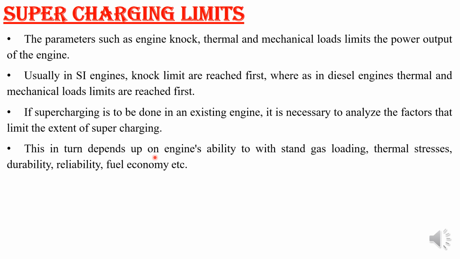Then we can run that turbocharger or supercharger on the naturally aspirated engine. We analyze several factors so that engine knocking can be avoided, how much exhaust energy you may have, and how much pressure ratio you have to get. All those things will affect your loading, thermal stress, durability, reliability, fuel economy, etc.